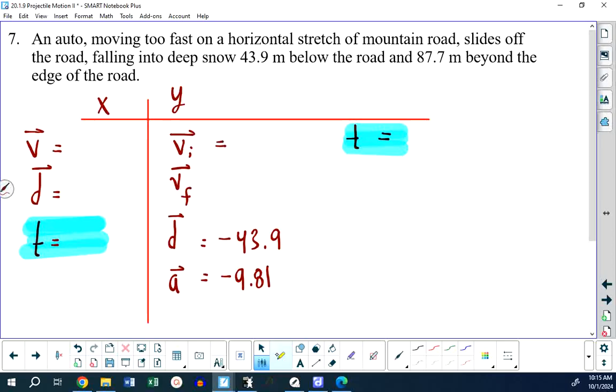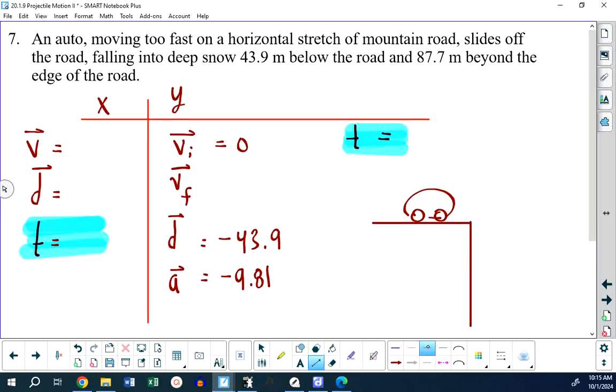VI, of course, is 0 because, and I want to drill down a little deeper here, this is the car, it's cartoonish in nature, I get that. And here is the initial velocity, which is unknown, some speed.